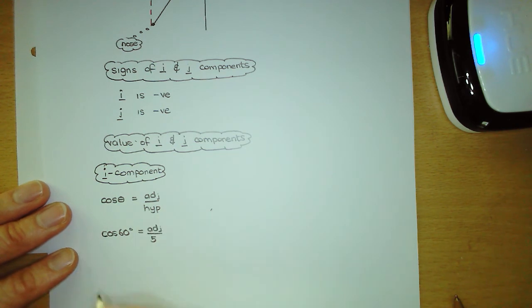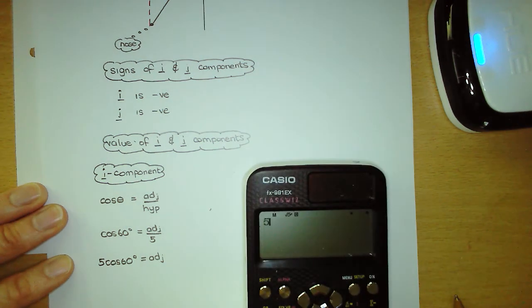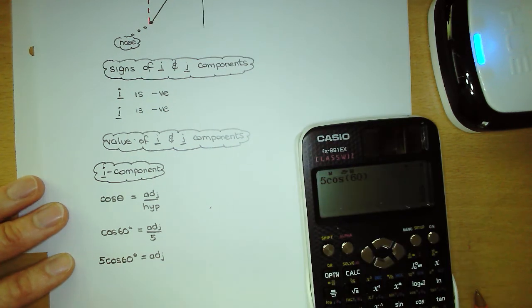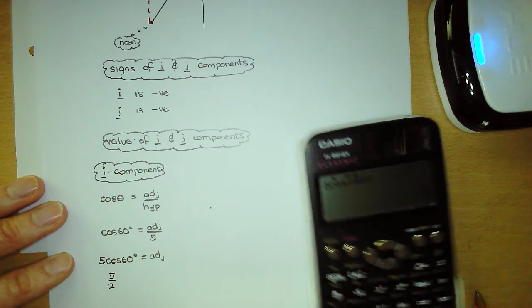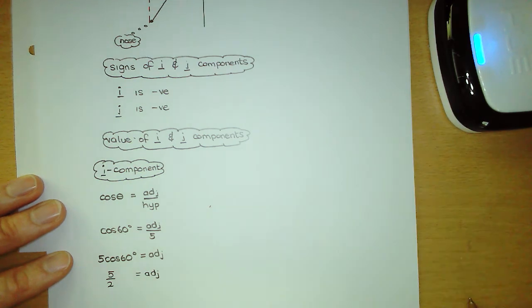And then we're going to cross multiply, so we get 5 cos 60 is equal to the adjacent. This is going to be our i component. So let's go to the calculator. 5 cos 60 gives us 5 over 2. So 5 over 2 is equal to the adjacent, which will be our i component.